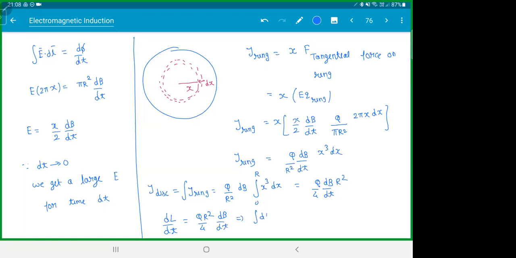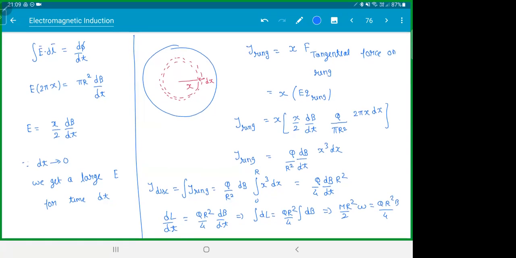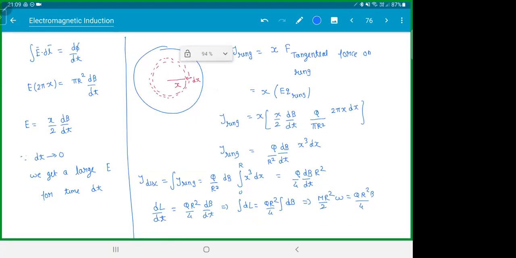We get integral dL is equal to q r square by 4 integral dB. This is nothing but I omega, which is m r square by 2 omega, is equal to q r square B by 4. Omega will be qB by 2m.